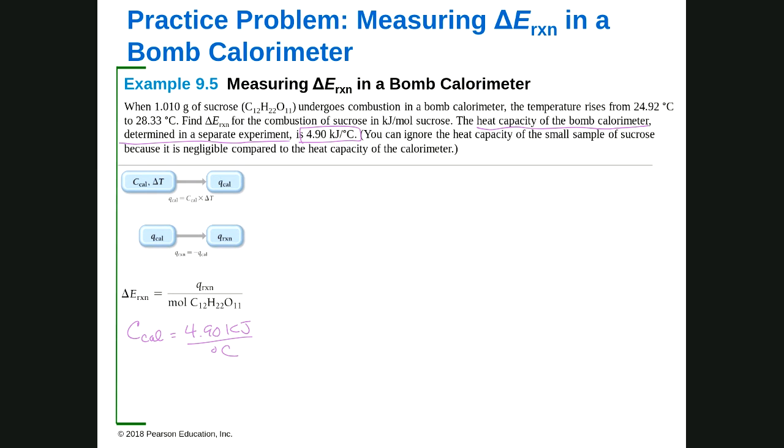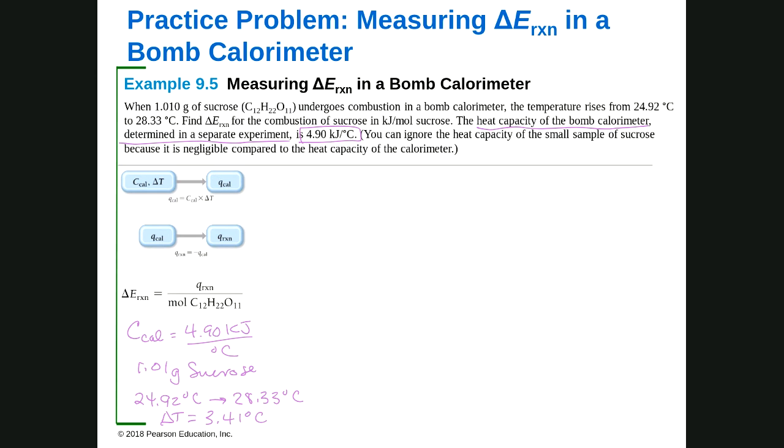All right, I have 1.010 grams of sucrose, and it goes from 24.92 degrees C to 28.33 degrees C, which means my delta T is 3.41 degrees C. So it rose 3.41 degrees C. That's my delta T, and I have the mass of my sucrose and the calorimeter constant.